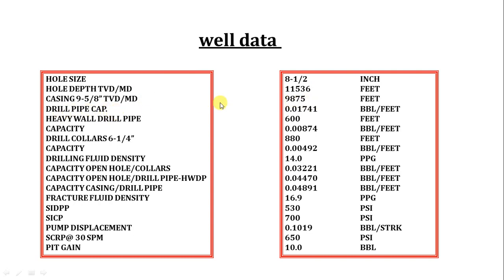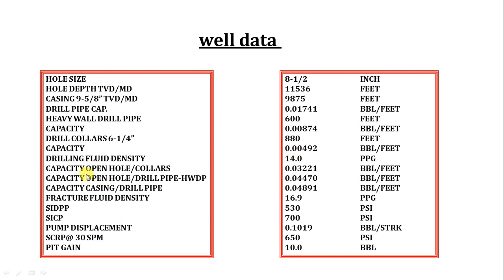The drill pipe capacity is 0.01741. The heavy wall drill pipe length is 600 feet, and its capacity is 0.00874. The drill collar is 880 feet, capacity 0.00492.